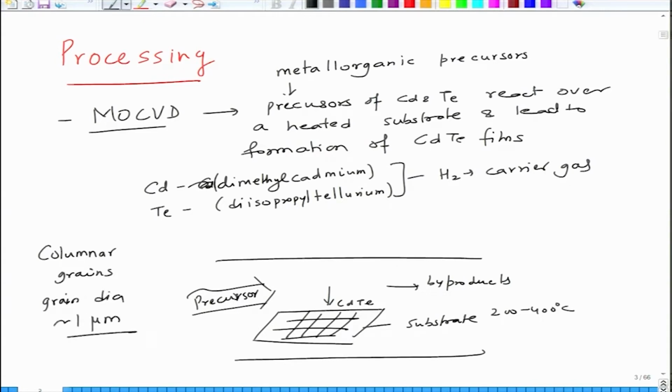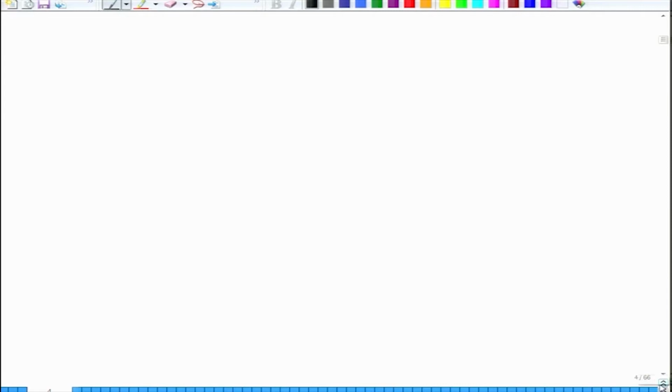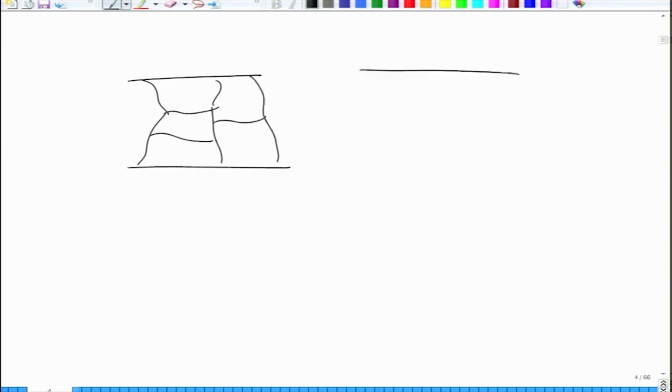Columnar grains are good because in a device you can have a grain structure like this, or you can have a grain structure like this.